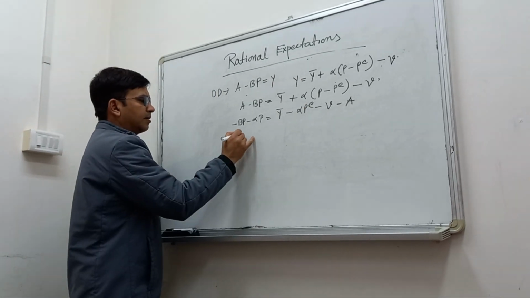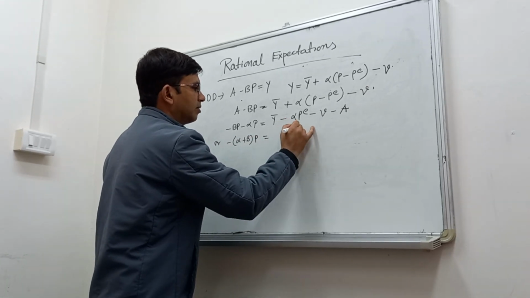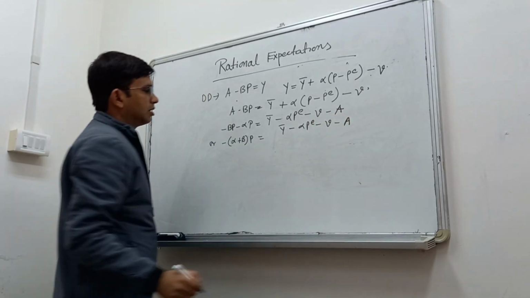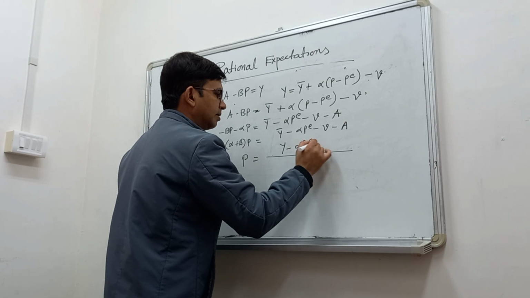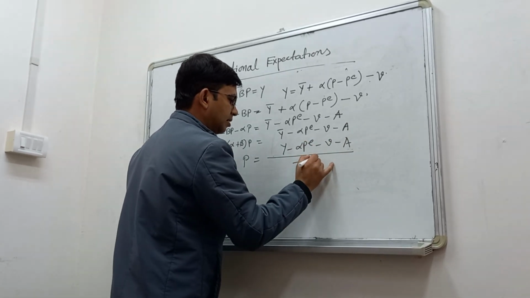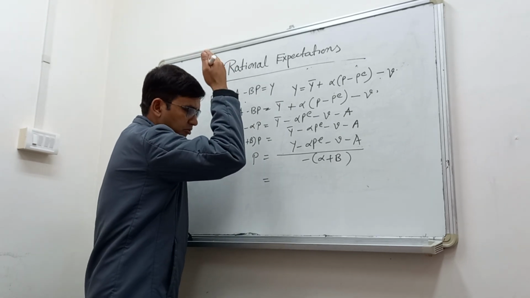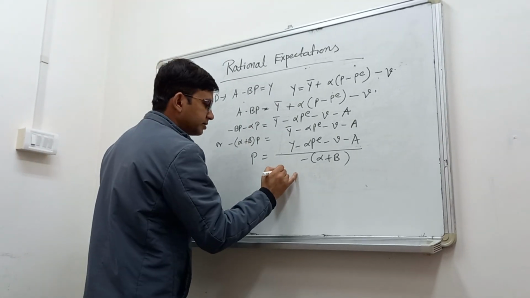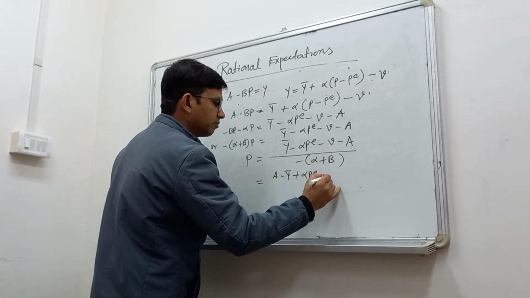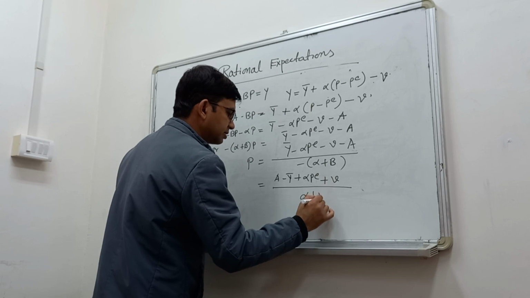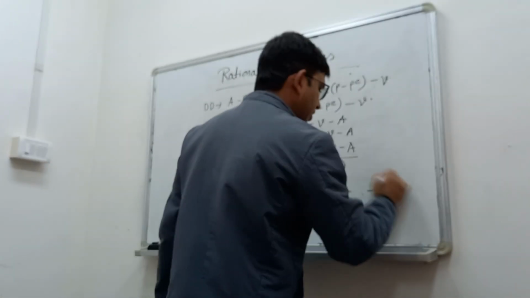So the value of P will be given as, or finally if we multiply both the numerator and denominator by minus 1, we will get P equals A minus y bar plus alpha Pe plus v divided by alpha plus b. So I'll give it equation number 5.